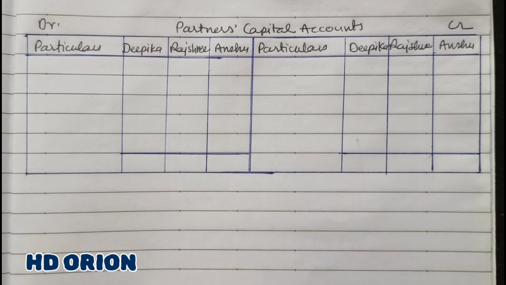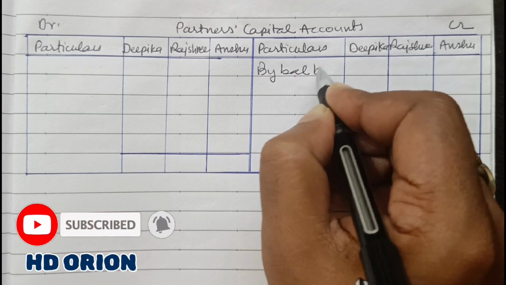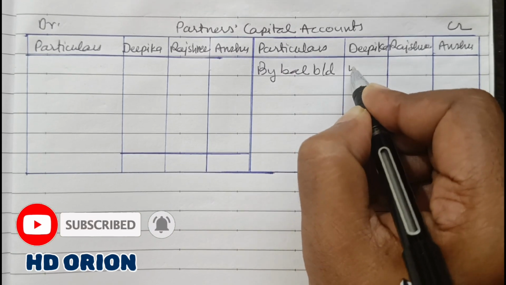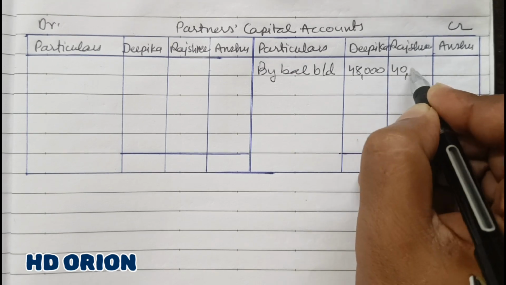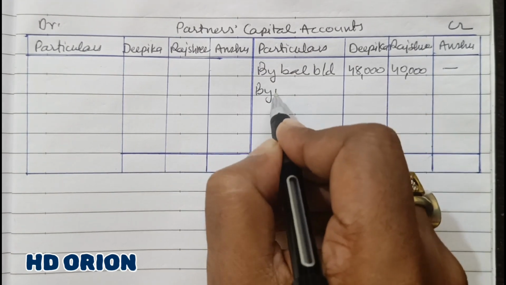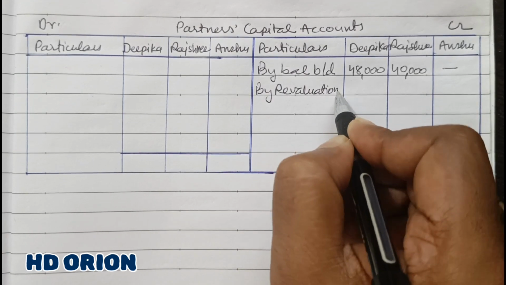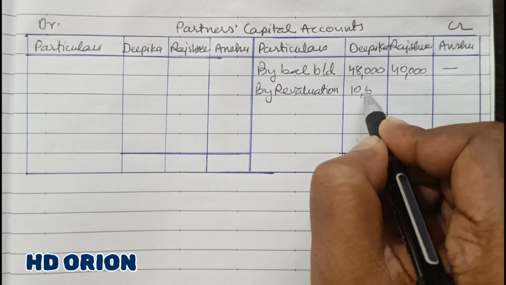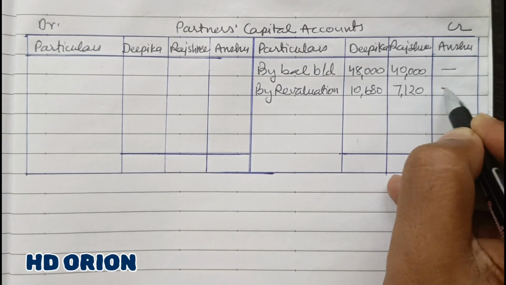So partners' capital account we will prepare by balance brought down, opening balances of old partners as given in the balance sheet, 48,000 rupees and 40,000 rupees. Then there is profit on revaluation, 10,680 and 7,120.